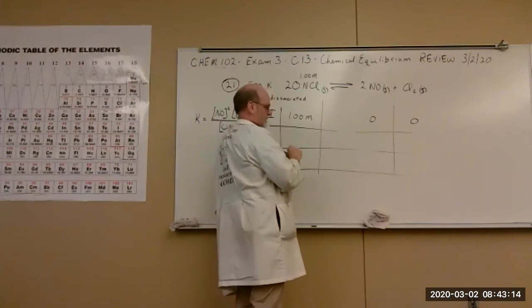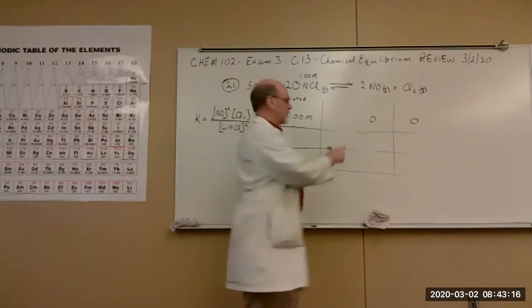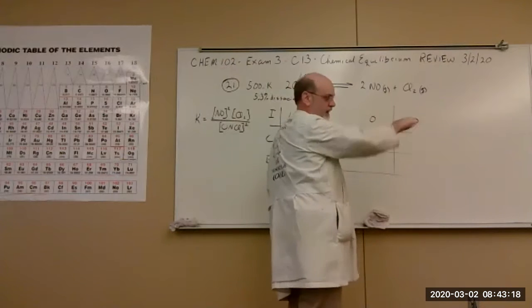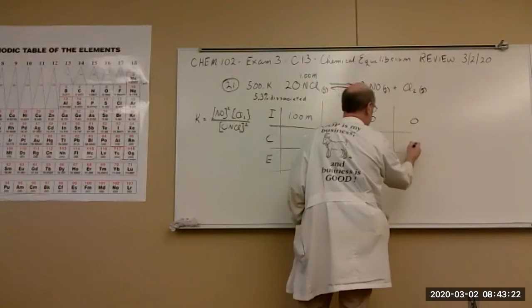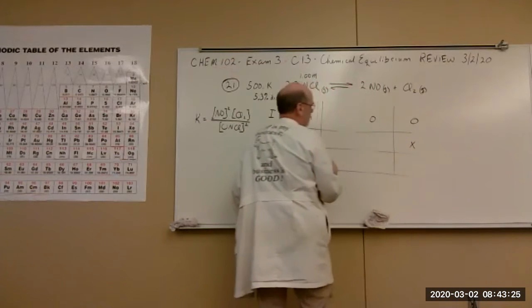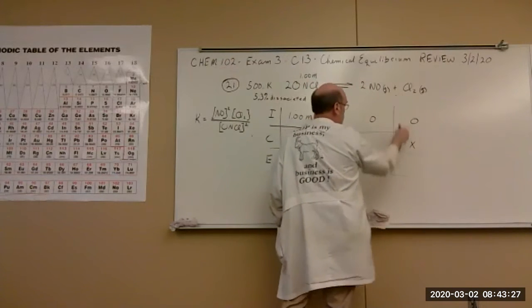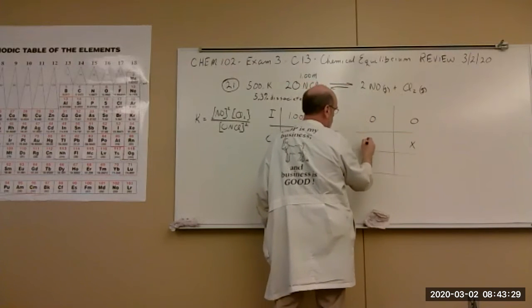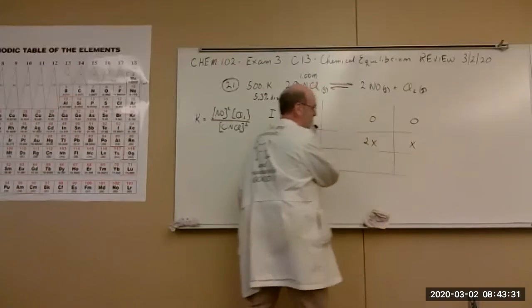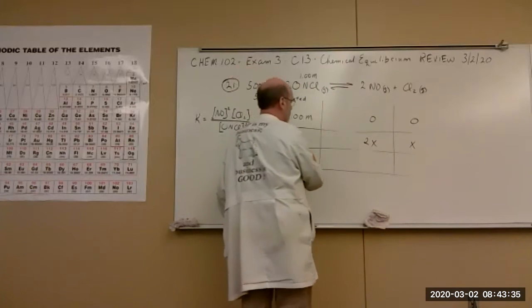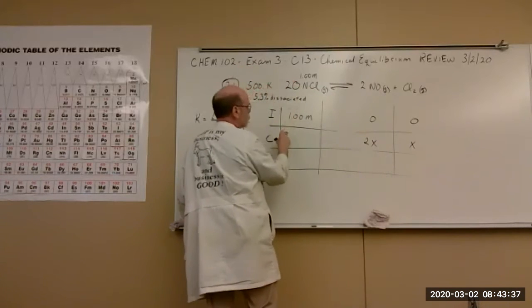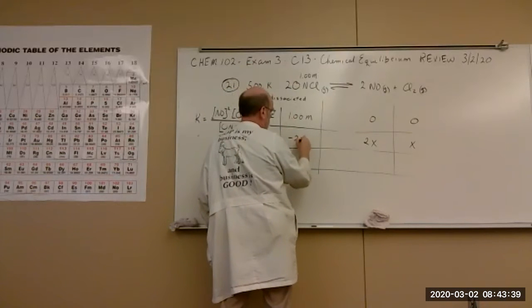So we know which direction it's going because there's none of this. So it's got to go that way. So we're going to have a certain amount of this. And if we got one of those, we have to have 2 of these to maintain our molar ratio, right? And that means we had to lose 2 of those.